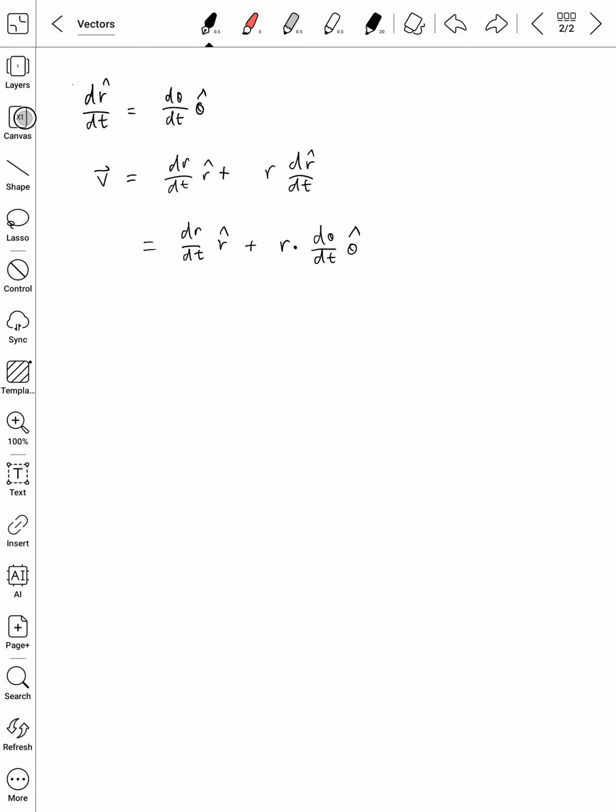And this is velocity. Now we only need to derive acceleration. And to derive acceleration, we just have to differentiate v with respect to time. Alright, so a equals dv dt equals, well, let's just do the calculations. First, I'm going to copy this thing down here.